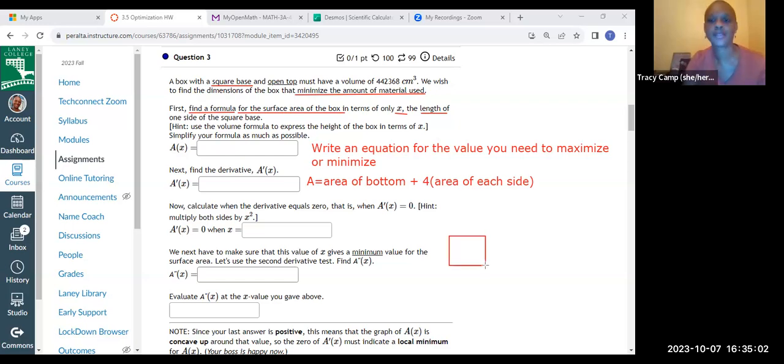That kind of looks like a square, right? They're telling us the base is x, and by definition, a square's sides are all the same. So the area of the bottom, which is the square, is equal to x squared.